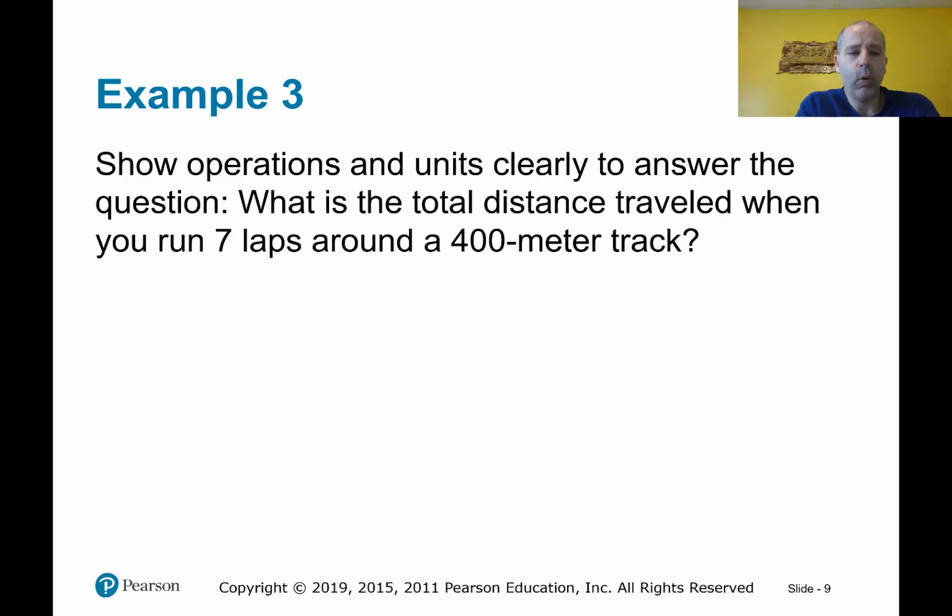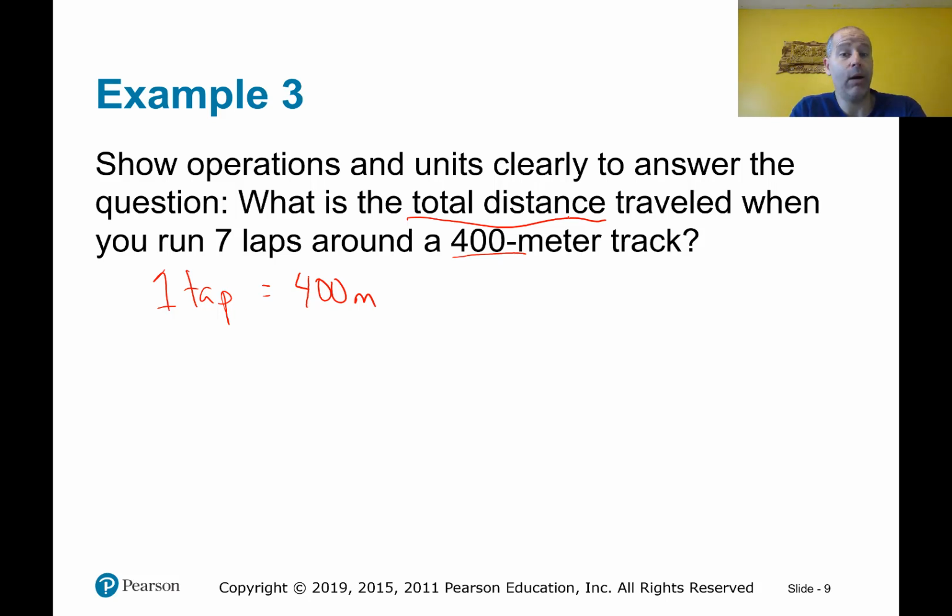We're told that the track is a 400-meter track, which means one lap equals 400 meters. So we can write that down: one lap equals 400 meters. And we want to know what the total distance is. That's what they want us to find. So the goal is to find total distance.